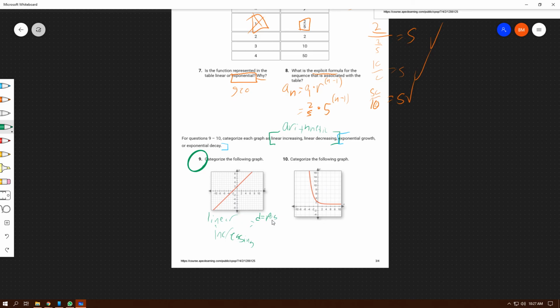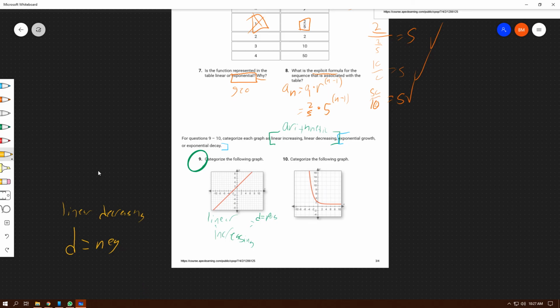The common difference tells you it's arithmetic. The positive tells you it's increasing. That's linear increasing. If you wanted linear decreasing, you would need to have a common difference, if we're given a table, that's negative. And that would be going down.